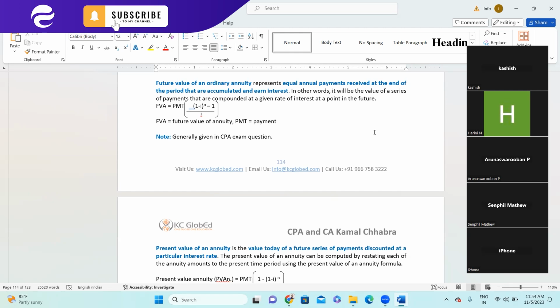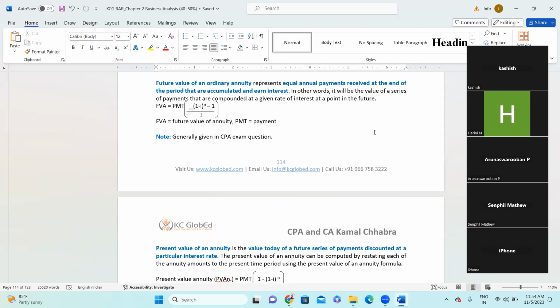So the future value is equal to payment multiplied by ((1 plus i) to the power n minus 1) divided by i. FVA is future value of annuity and PMT is payment of each annuity. Generally, this calculation result is given in the question. You are not required to do all this mathematical calculation because these are part of the actuarial exam, not CPA exams, right?